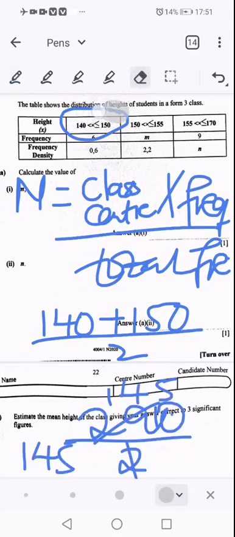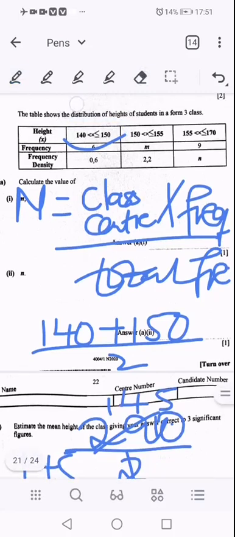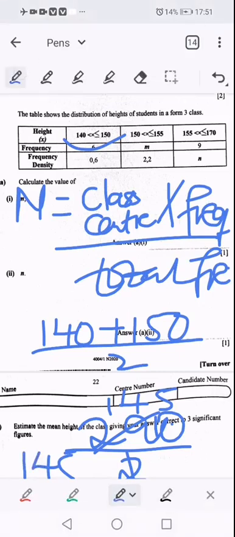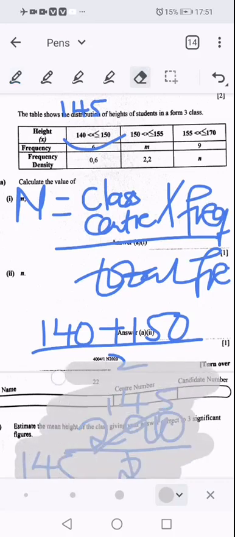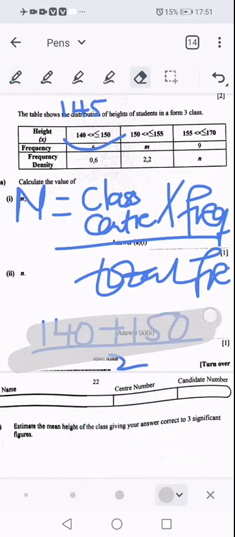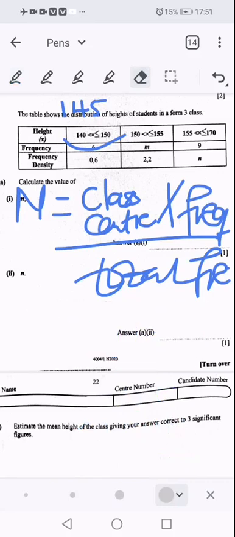So I'm going to write it here. 145. Now let's check out the class center for the second class. Then 155 plus this one, that gives 305, right?